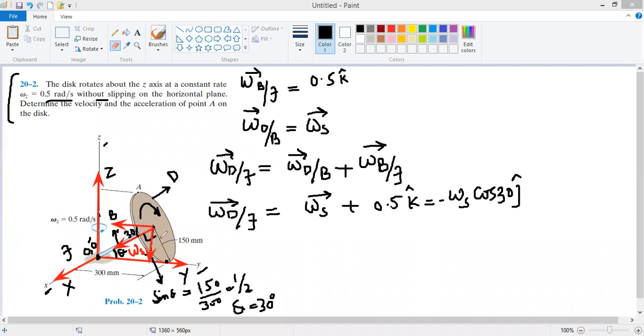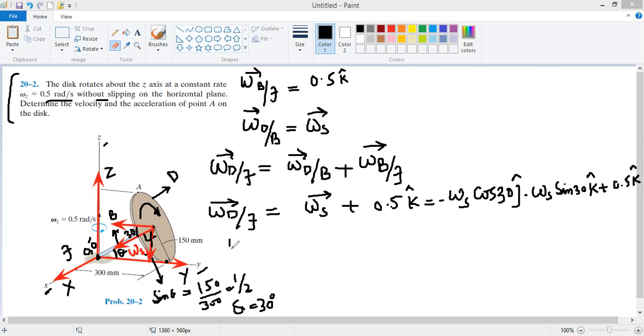The y component is along negative y-axis, that's why it is minus, and this component is along negative z, so we take minus ws sine of 30 k cap, because it is along the negative z-axis, and we have our own plus 0.5 k cap.